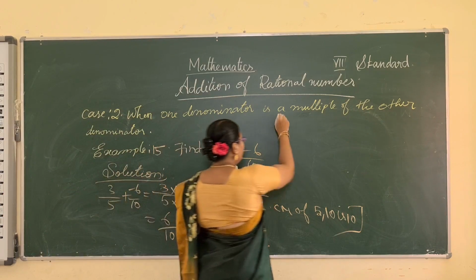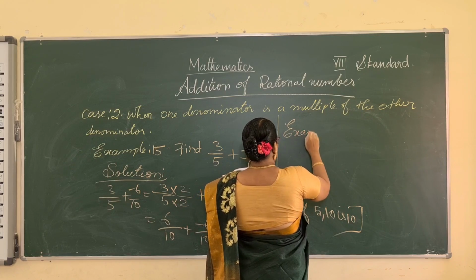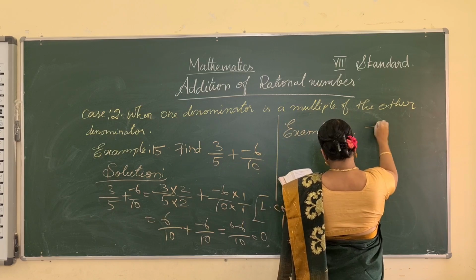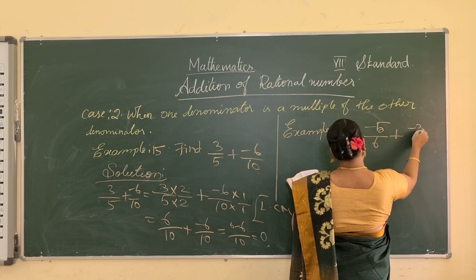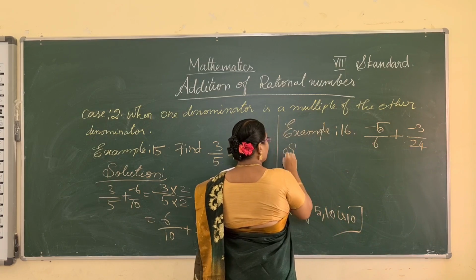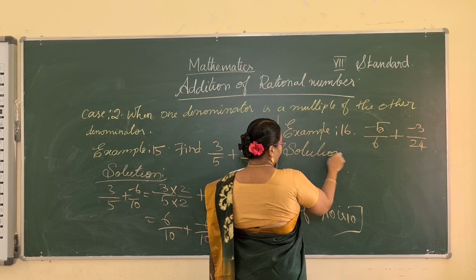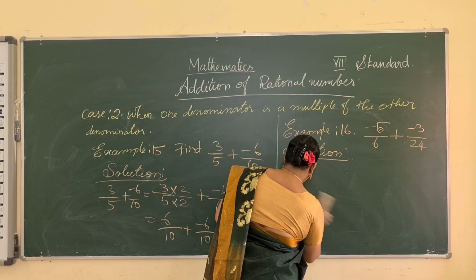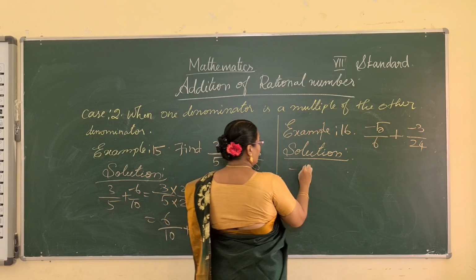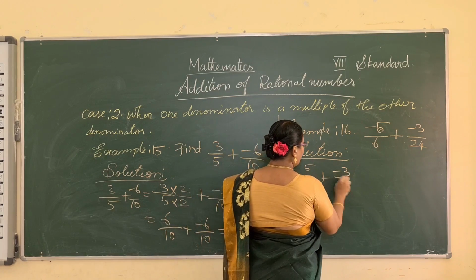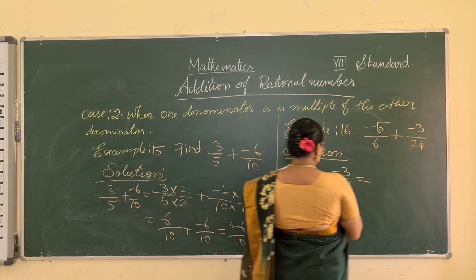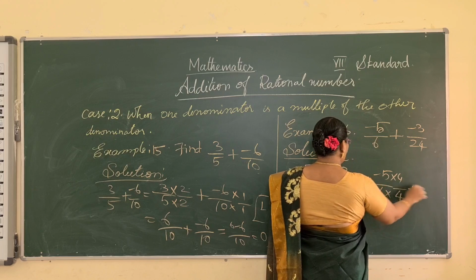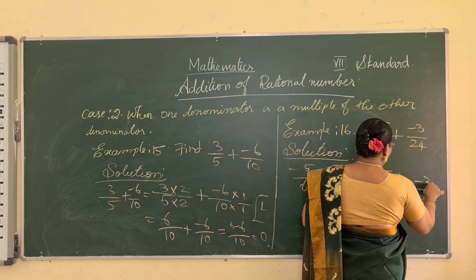Now see the example 16. Find minus 5 by 6 plus minus 3 by 24. The solution: minus 5 by 6 plus minus 3 by 24. 6 fours are 24. So minus 5 by 6 into 4, numerator and denominator multiplied by 4, plus minus 3 by 24, numerator and denominator multiplied by 1.